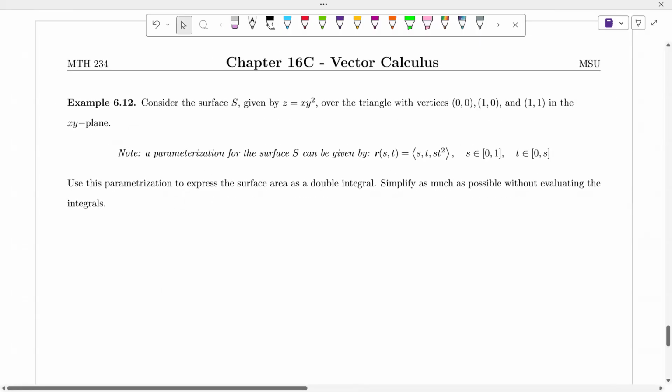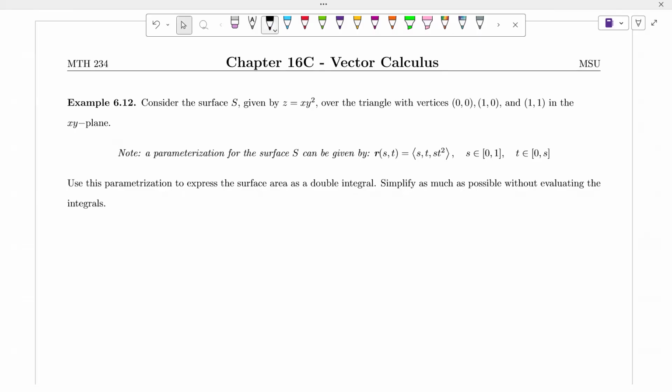But what is it we're after over here? So we're given a surface. We've got a parameterization just given to us. R of s, t is going to be s, t, t squared, with s between 0 and 1 and t between 0 and s. So using that parameterization, set up a double integral that will express the surface area.